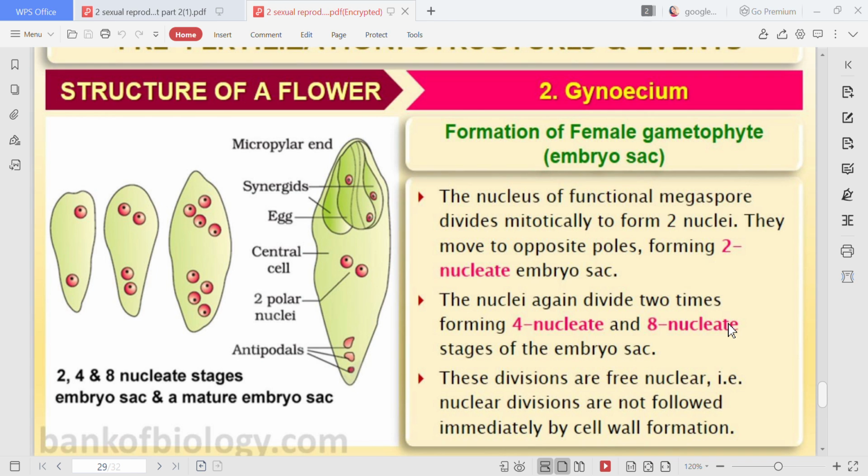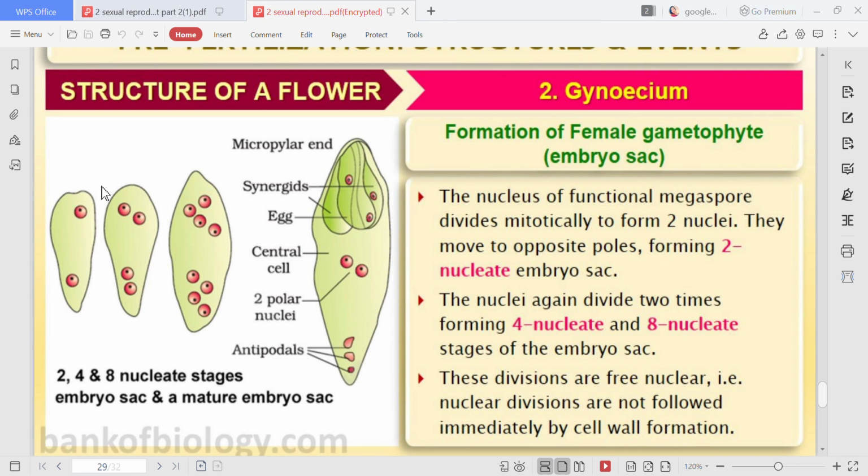As you see, children, there is only one functional megaspore, and that single megaspore has one nucleus. The nucleus of the functional megaspore will now undergo mitotic division. It divides mitotically to form 2 nuclei.